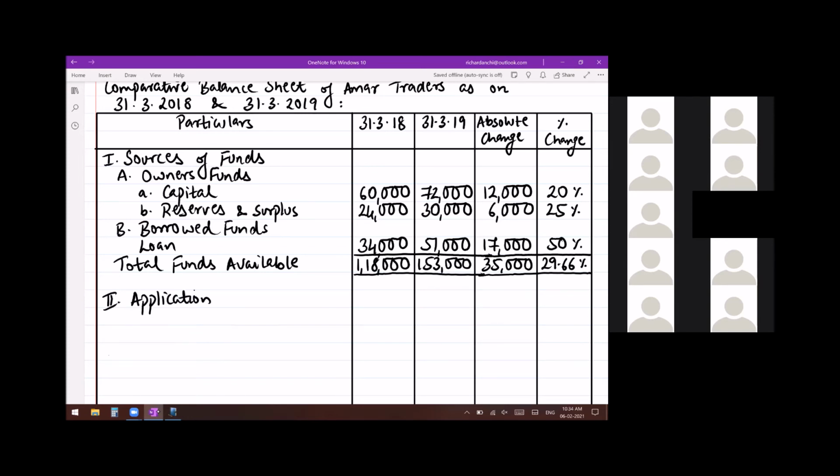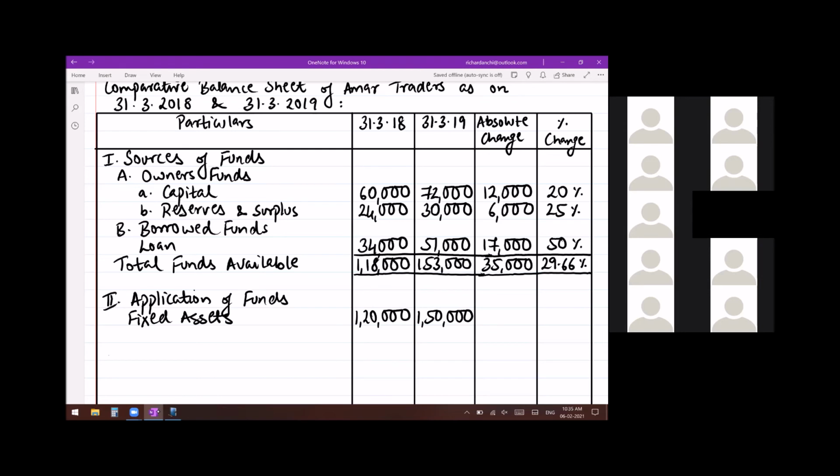And start with the asset side. Look at the question and see what is the first item there. You have fixed assets directly given to you. So write down under application of funds, fixed assets. Have a look. 2018, the amount is 1,20,000. 2019, it is 1,50,000.